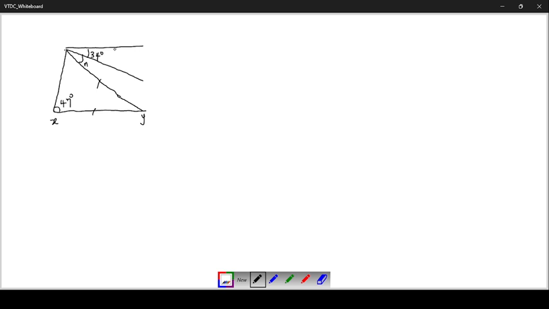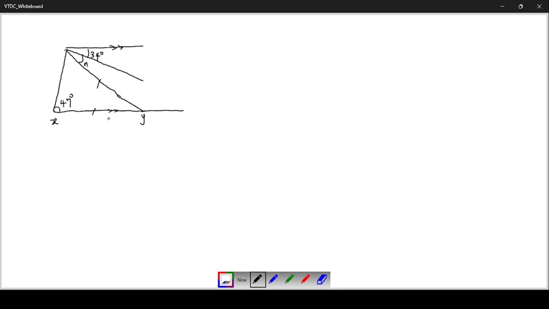We believe that this line is parallel to this line. So this is exactly what I have in mind, and we're going to start from here.